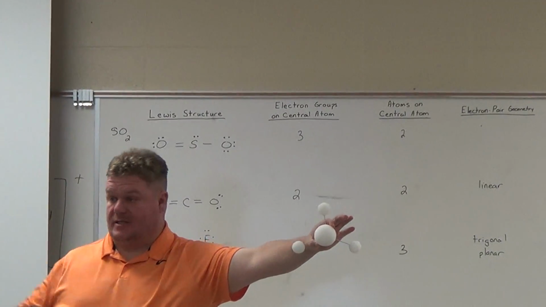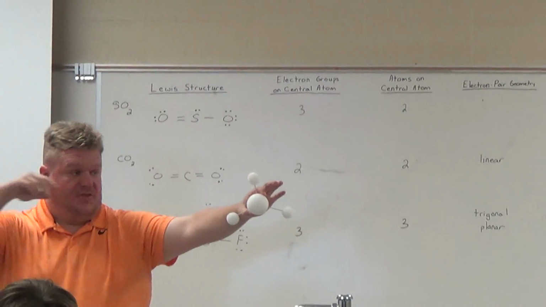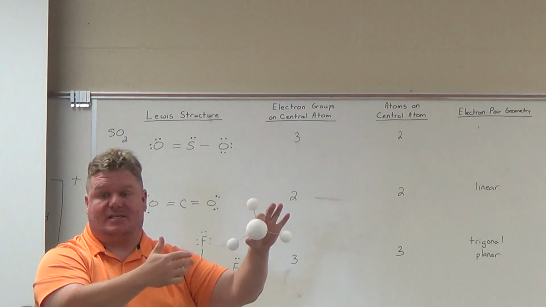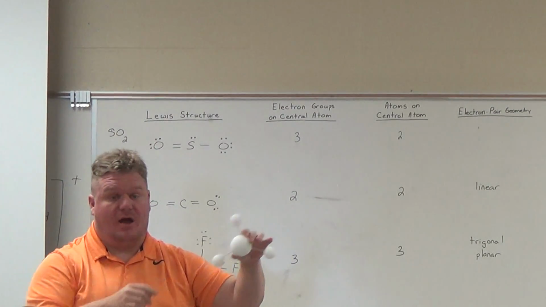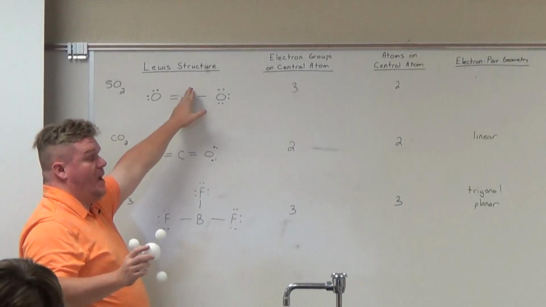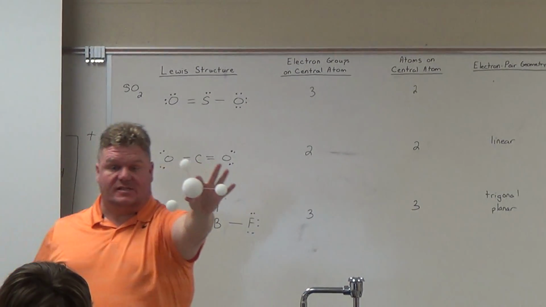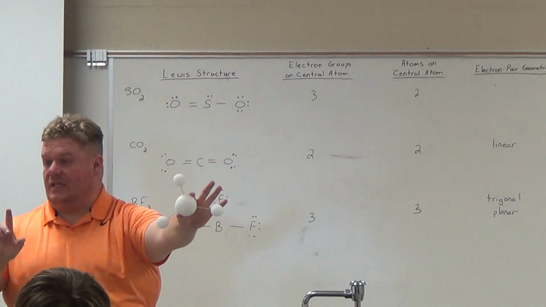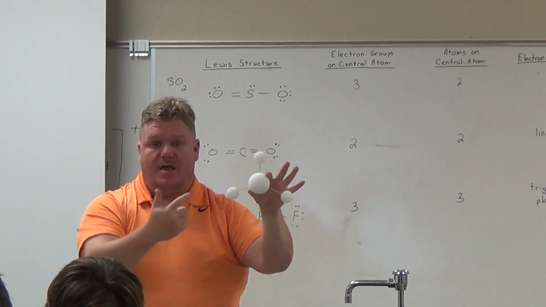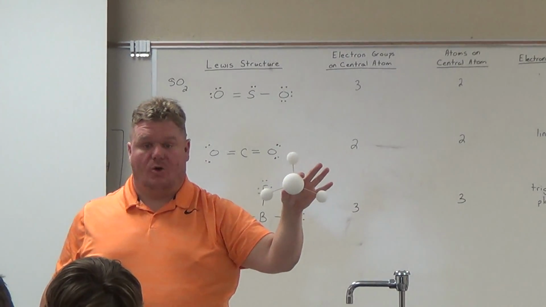This is trigonal planar, because there are 3 groups of electrons. This is still going to be the case. It's still going to have this same basic structure. These 3 electron groups, the single bond, the double bond, and the lone pair, will arrange themselves in the same manner. The only thing that's different is now one of these atoms that we have bonded is no longer there. One of them's a lone pair.